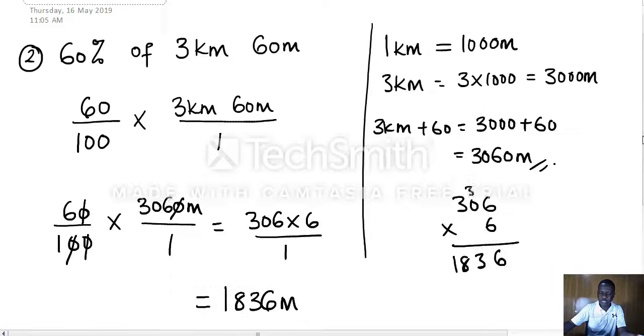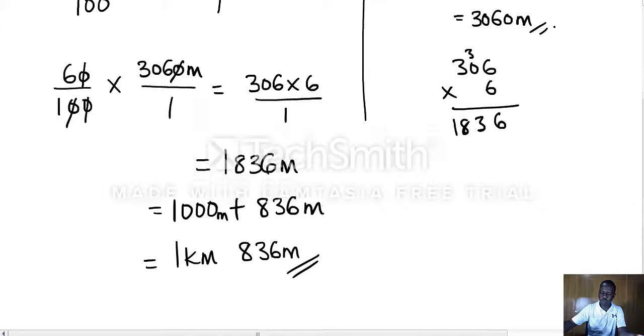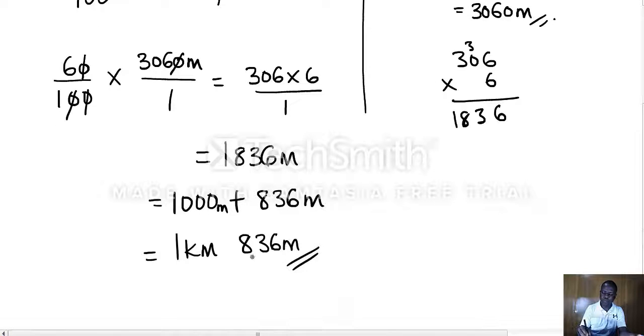So 60% of 3 kilometers 60 meters is equivalent to 1 kilometer 836 meters, or you can leave it as 1,836 meters.